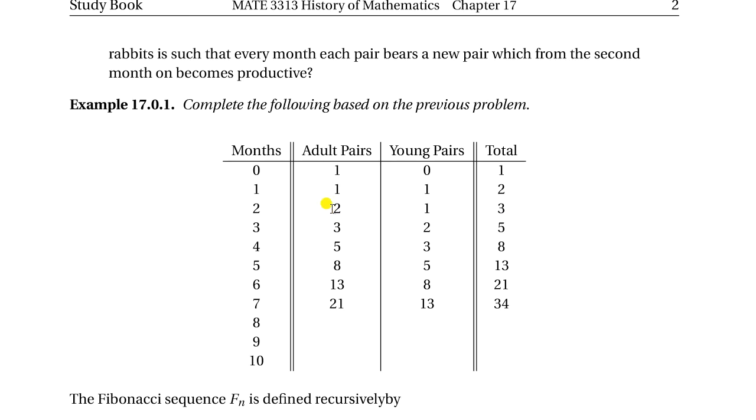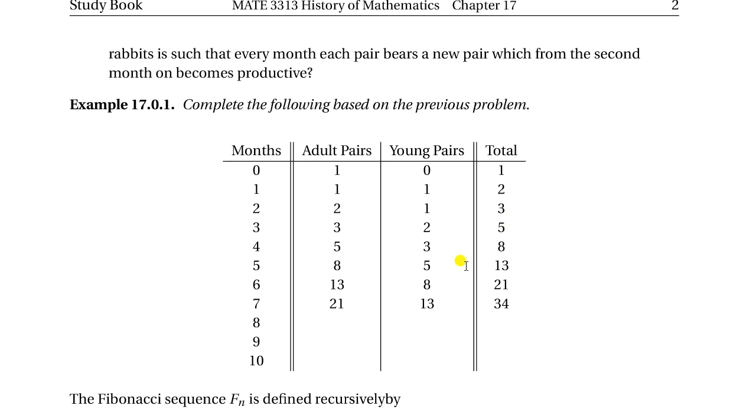And the next month, the two pairs of adults and the young pair that became adults each get one pair of young rabbits, so altogether we have five pairs of rabbits.